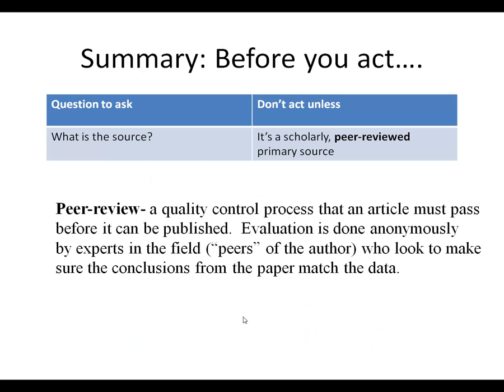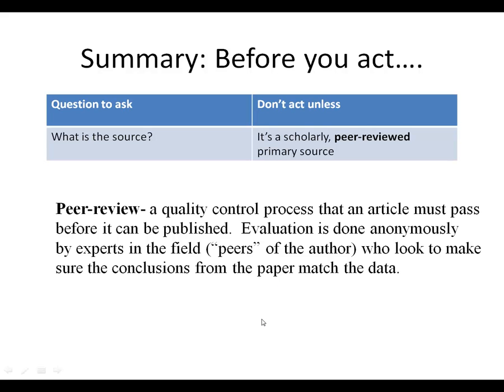Okay. So, what is the next issue? It has to be scholarly, but it also has to be peer-reviewed. There are some scholarly publications, like abstracts, theses, where they are published in some format, but they don't go through a peer review process. So what is peer review?